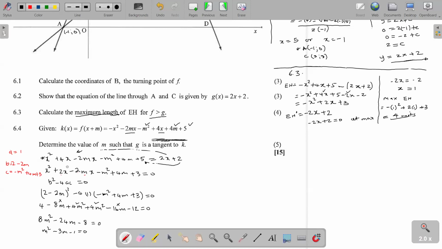Kindly take note that we had made a mistake. Here is supposed to be a negative here, as given here. Meaning to say here is supposed to be a negative there. So our A is supposed to be a negative 1 there. Kindly take note of that. It's supposed to be a negative 1.